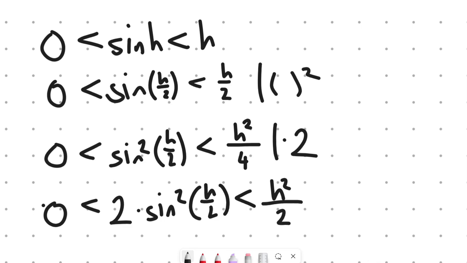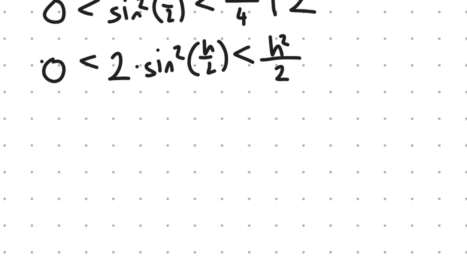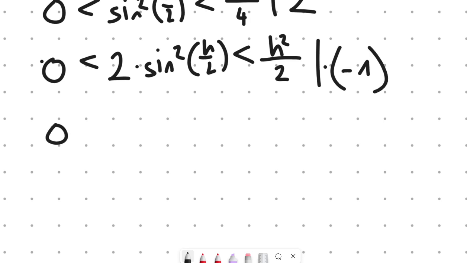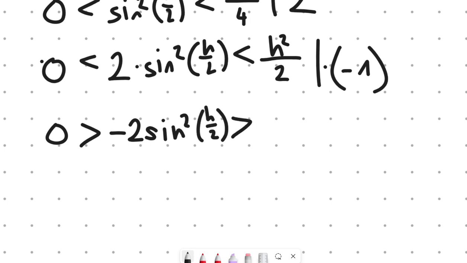Now what we also have is a minus sign in front of the 2, and we all divide by h, so we're just going to multiply everything by negative 1 first, which will lead us to 0 is smaller than negative 2, and because we are multiplying by a negative number, the sign of the inequality changes to the opposite side, so negative 2 sine squared h over 2 is bigger than negative h squared over 2.